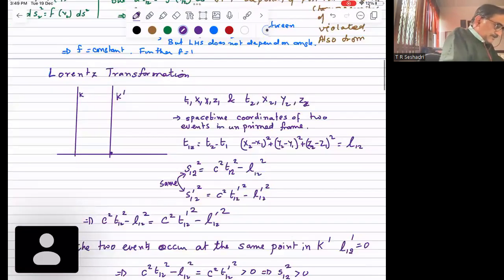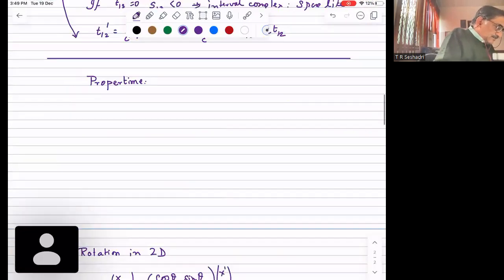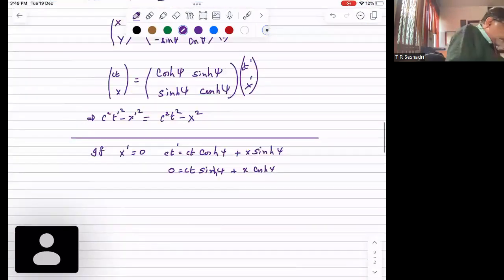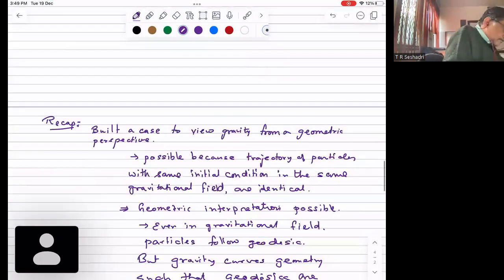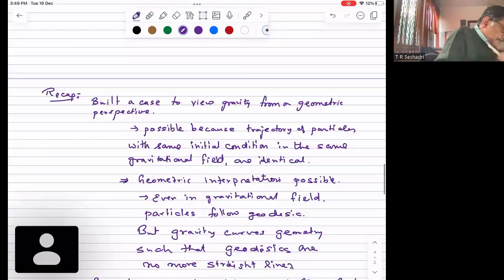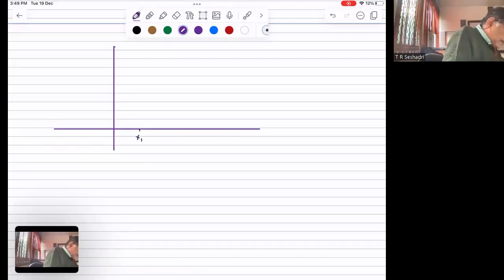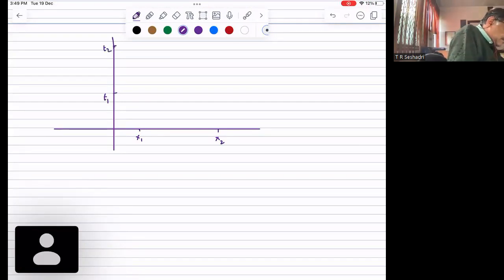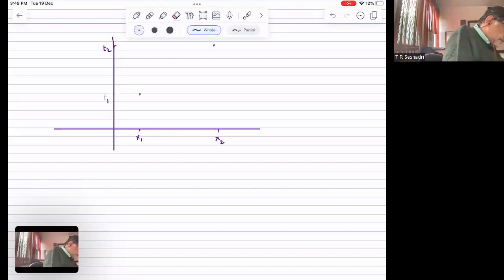So let me draw a space-time diagram, with just one time and one space dimension.